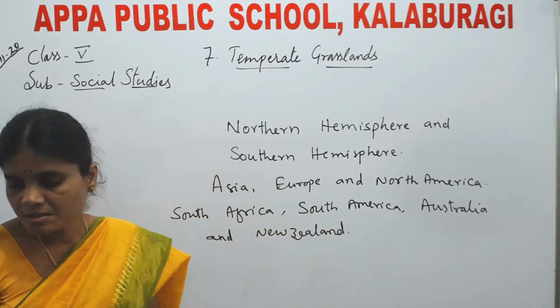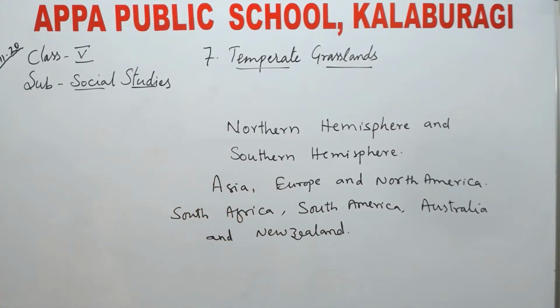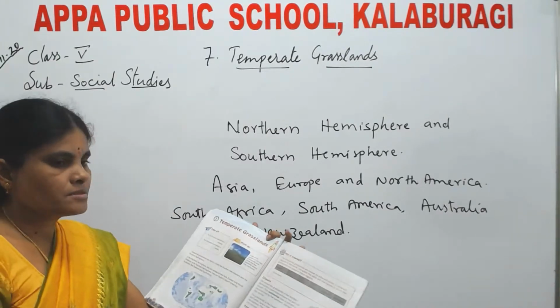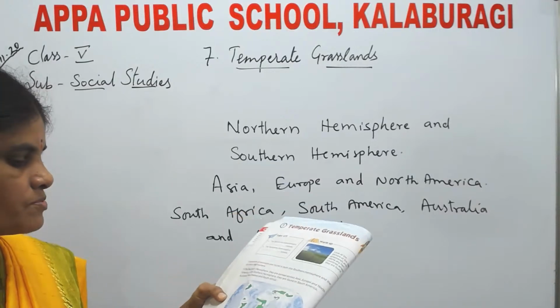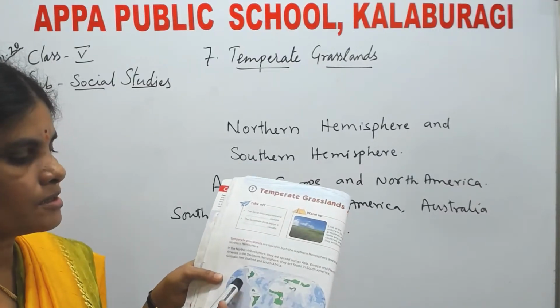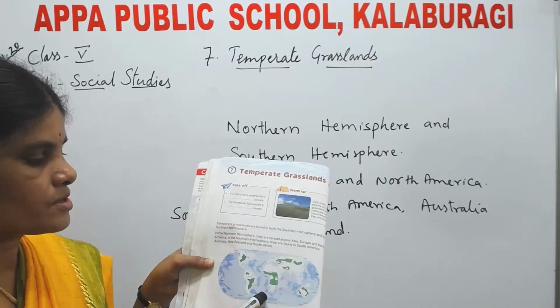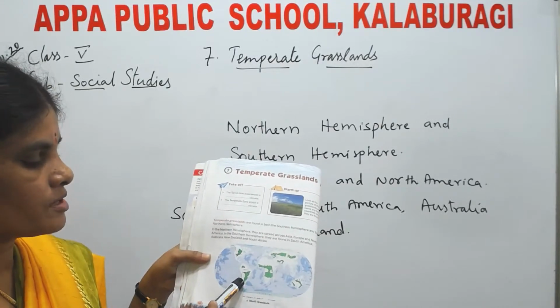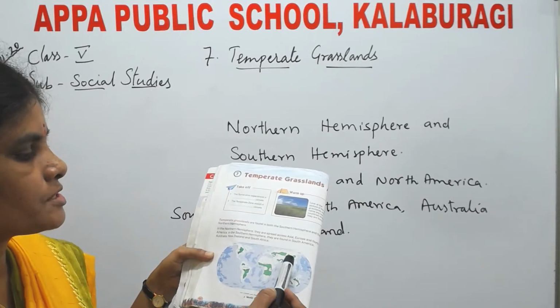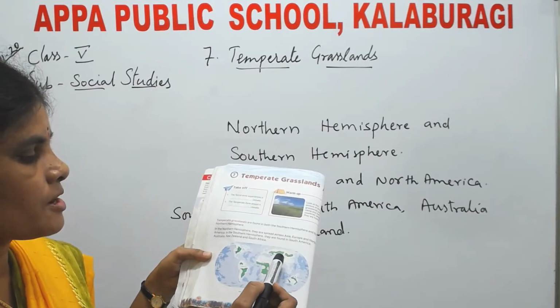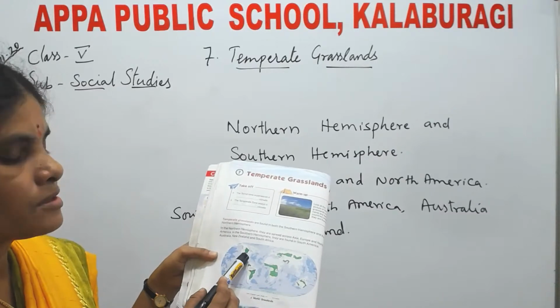Now let us see the climate of temperate grasslands. See this textbook, page number 46. Here, these are the grasslands. This is South America, this is South Africa, this is Australia, New Zealand. Next, here Asia, Europe, and North America.